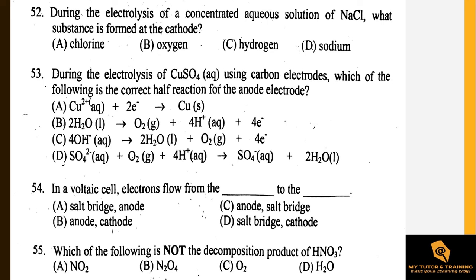Question number 54: in a voltaic cell electrons flow from Z dash to Z dash. By the way, here in galvanic or voltaic or in electrolytic cells electrons always flow from anode to what?